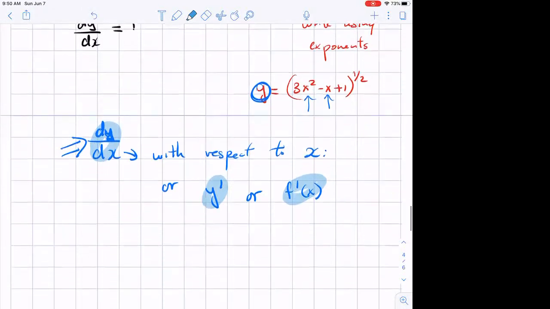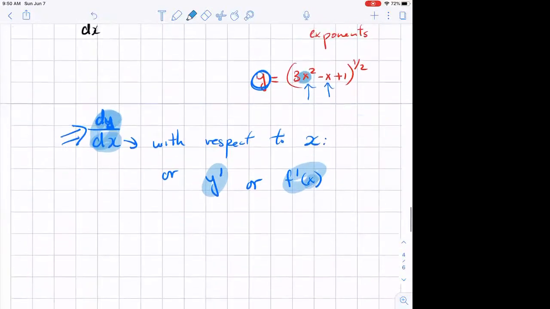Now keep in mind that if this variable was not x, you wouldn't say dy dx. If the variable is a p, then this would be dy dp, and it would be f prime of p.